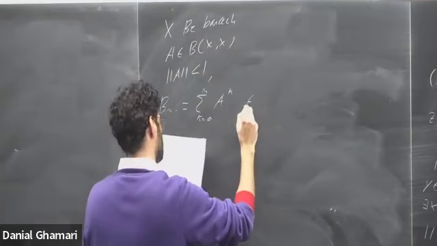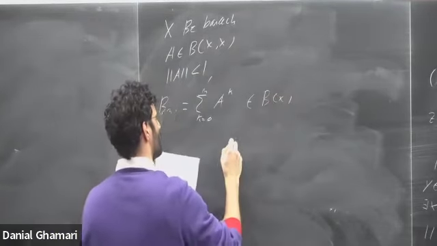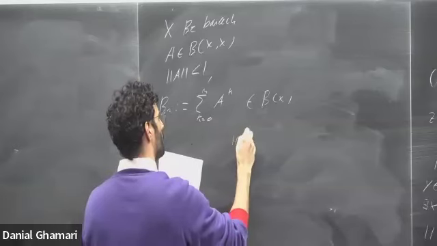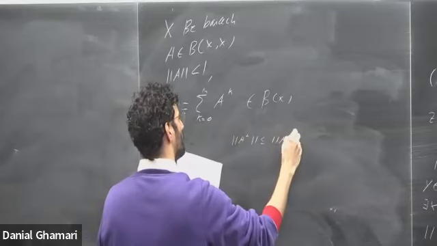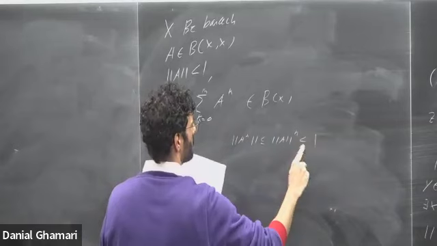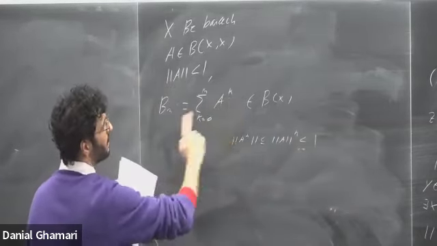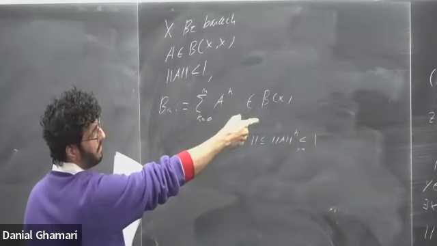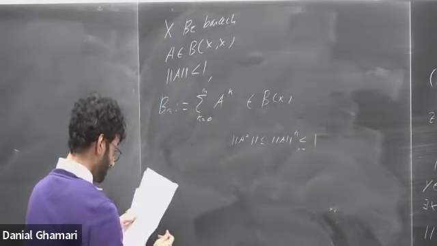This is an element of B(X), because the norm of A^k is less than or equal to the norm of A to the k, which is less than 1. The composition of these are still bounded, so they're in the bounded linear operators from X to X.